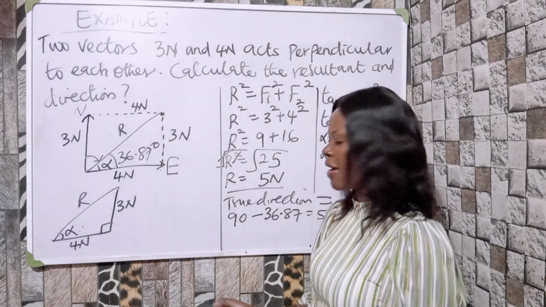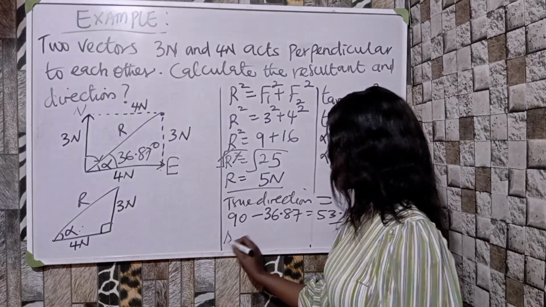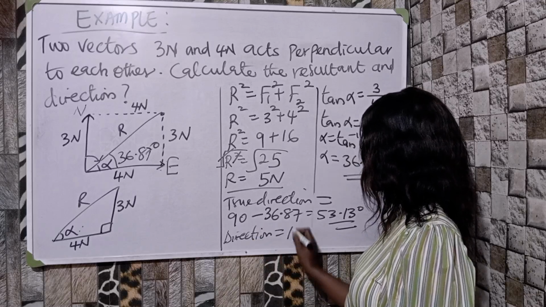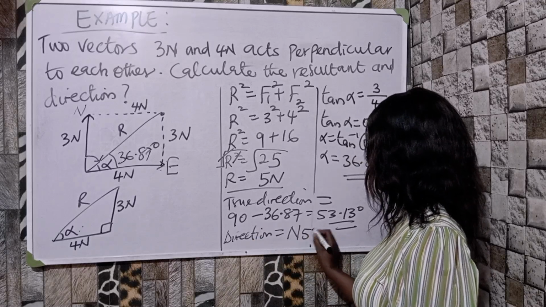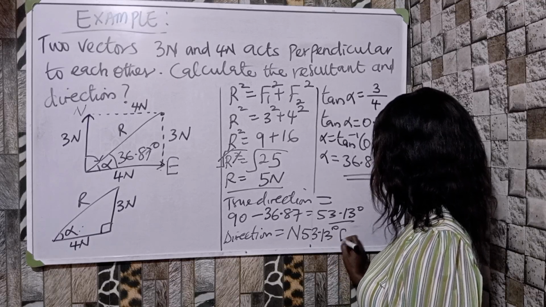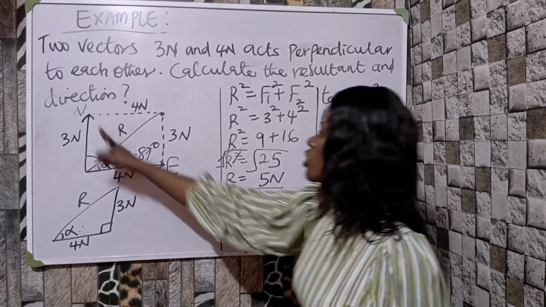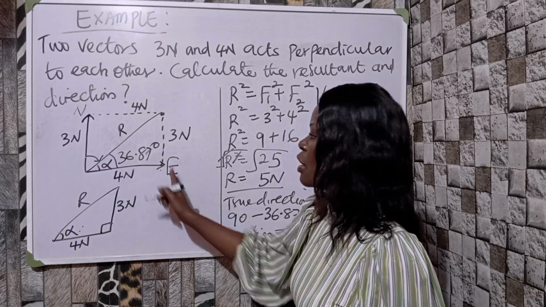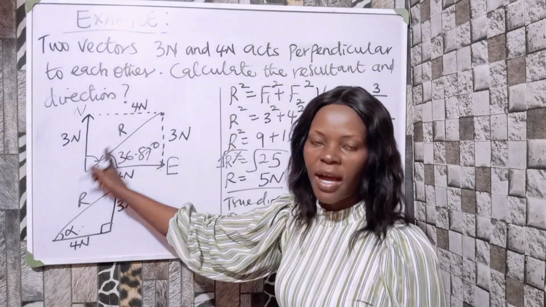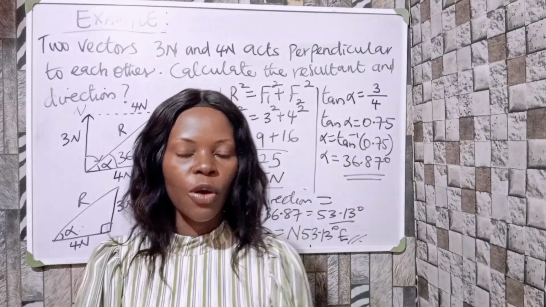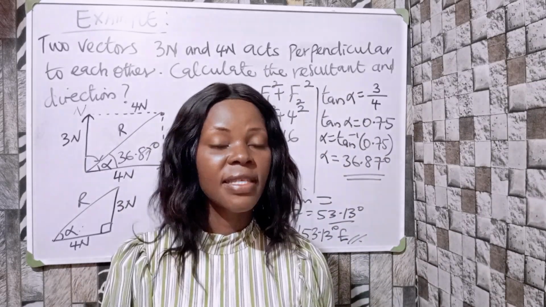So therefore my direction is north 53.13 degrees east, because it's coming out from north and it's going eastwards. So this is how we can solve problems on vectors inclined at right angle.